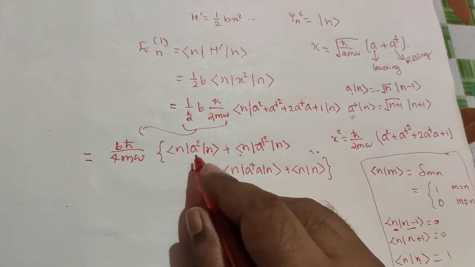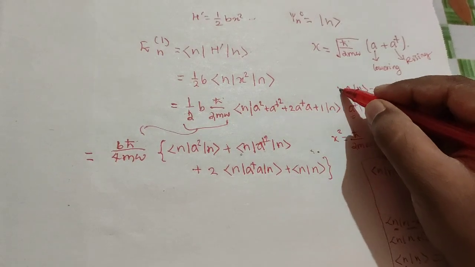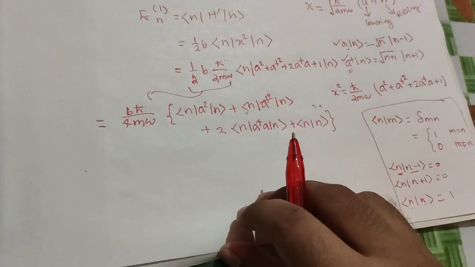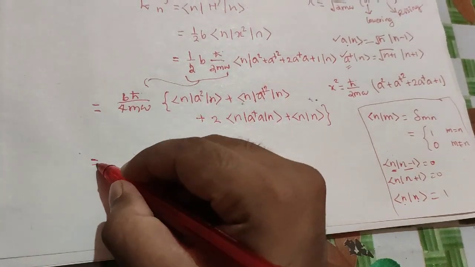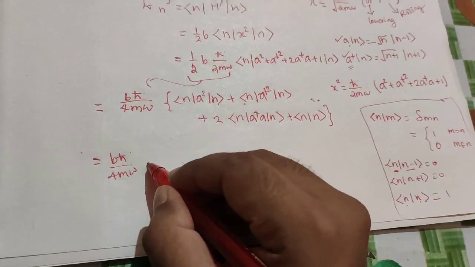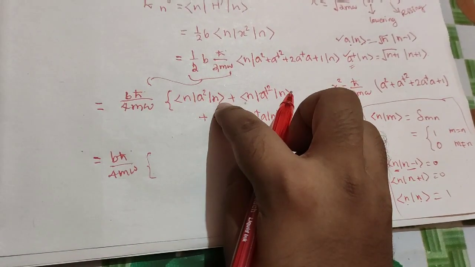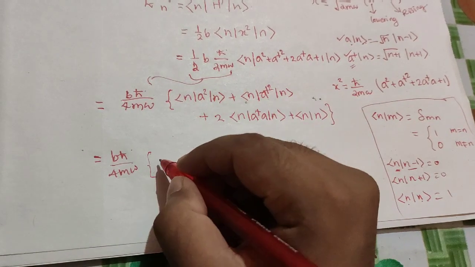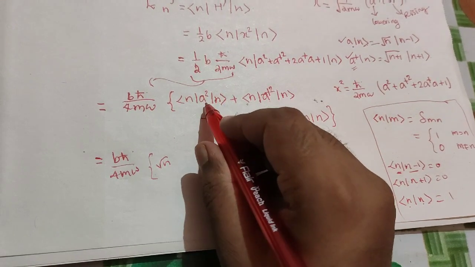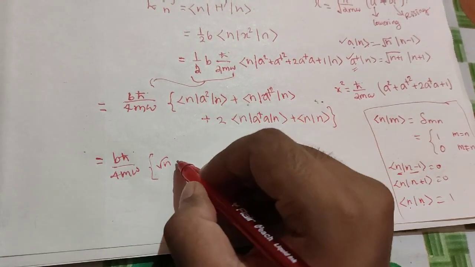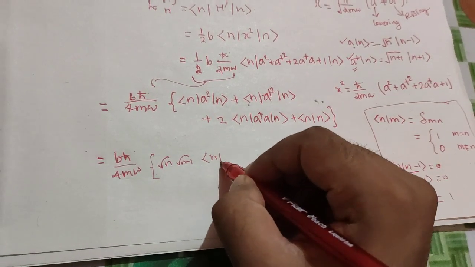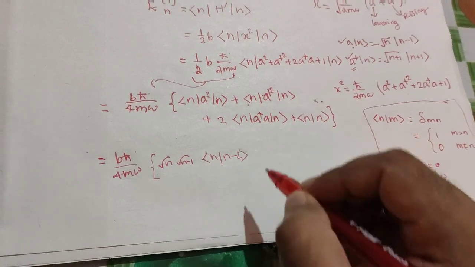So we will use these two and apply them here, and then we can write this as b h bar by 4 m omega. Here a acting on ket n gives root n times ket n minus 1, then a acting on ket n minus 1 gives root n minus 1 ket n minus 2, and finally it becomes bra n ket n minus 2.